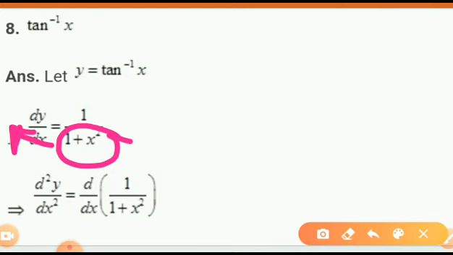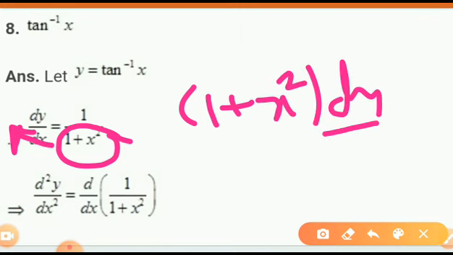Now they have done it as they have taken d by dx of 1 by 1 plus x square and they have made use of your u by v rule. Instead of this, you can write it as what? 1 plus x square into dy by dx, it is equal to 1. Now differentiate it with respect to x. So you can make use of your u into v. So your right hand side will become 0.